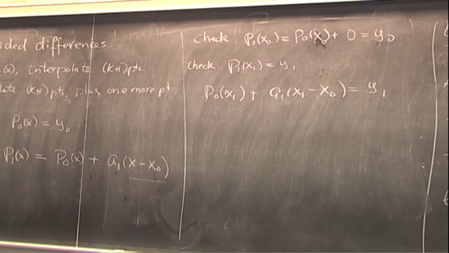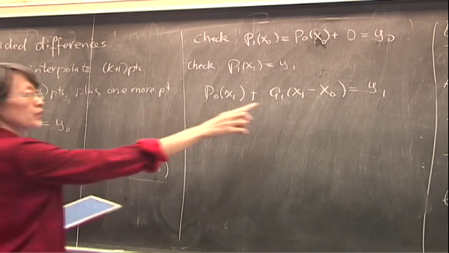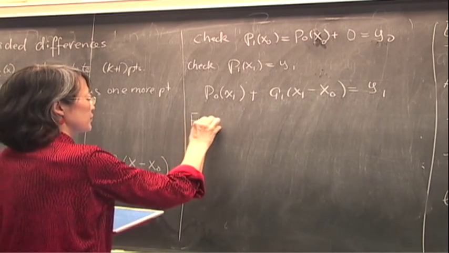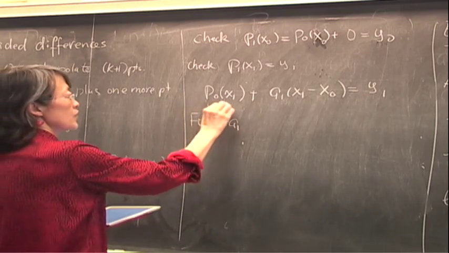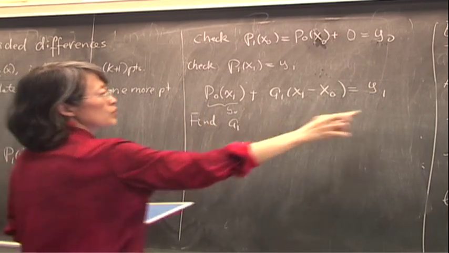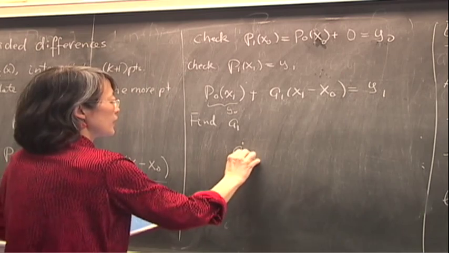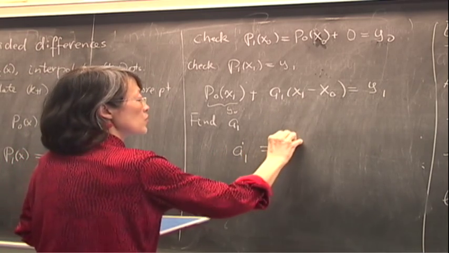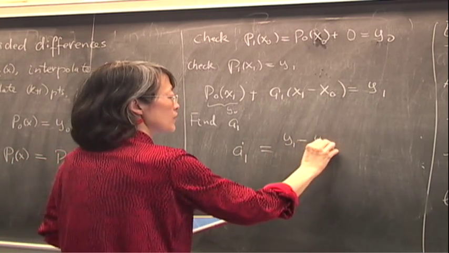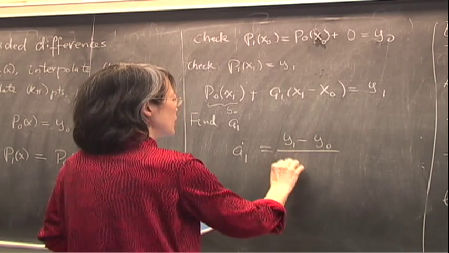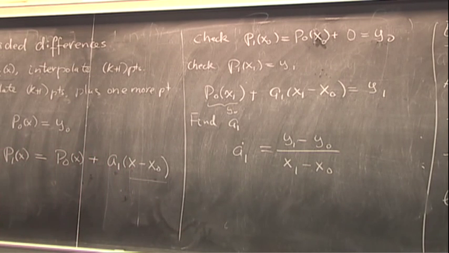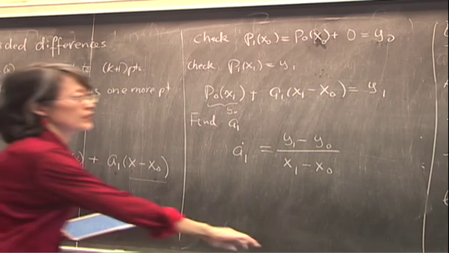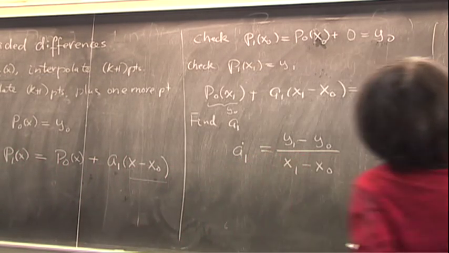Do we see? Everything else we know. We can find a1. Okay, you just manipulate. So this guy is y0. I could move it to the right-hand side, and then I can move this under. So I get y1 minus y0 over x1 minus x0. That's my a1. We okay? One more step.